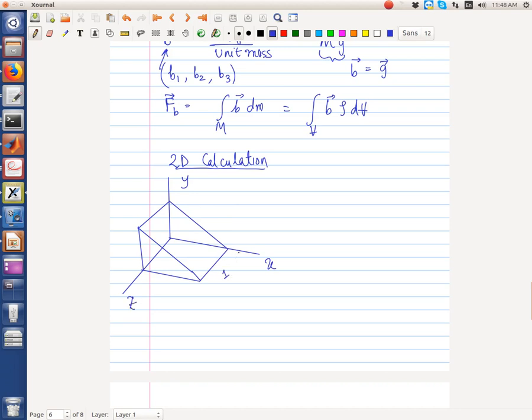Let us consider that the depth in the z direction is 1. If we look at this prism from this angle, we have a figure like this. Let's call the sides L3, L1 and L2, and let this angle be theta. So this is the side view of the same diagram.